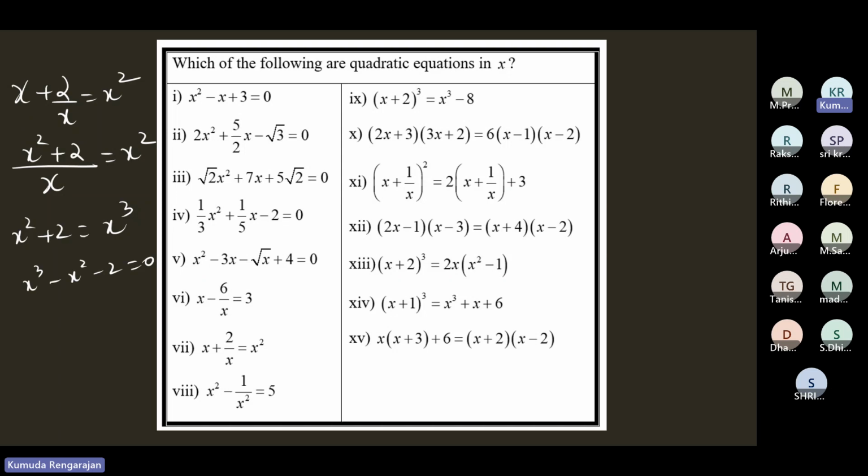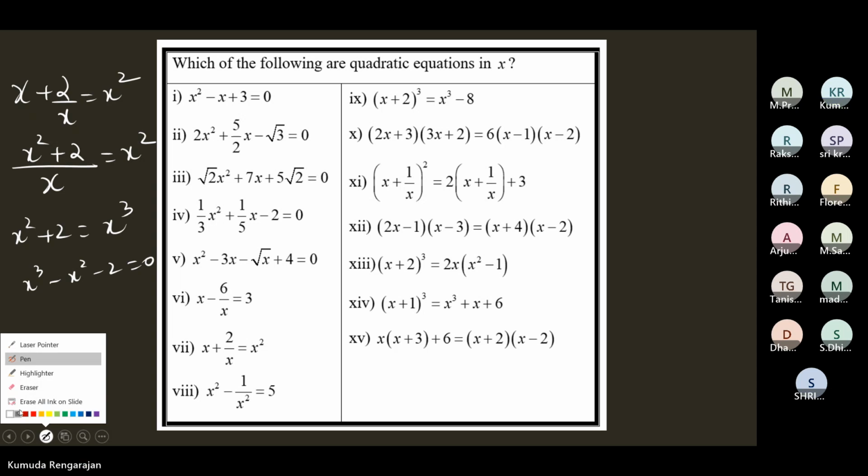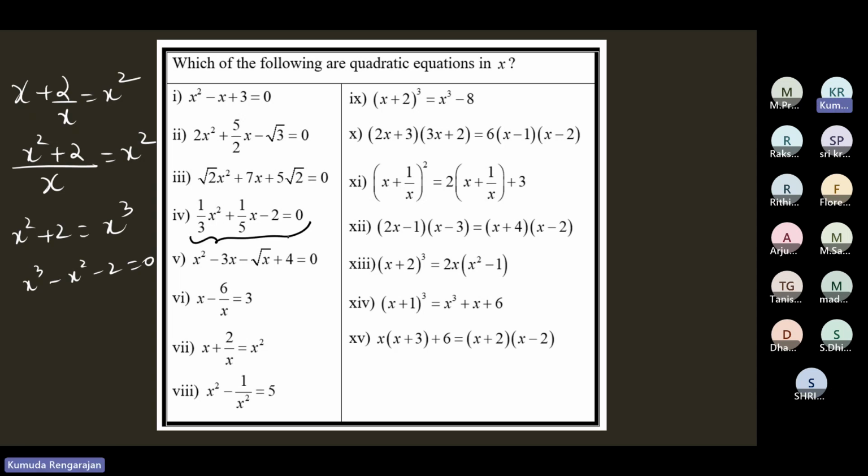So always please simplify. When not to simplify: if the denominators are numbers, you don't have to simplify. You don't have to take the LCM and all that here, because the denominator is made up of numbers. 3, 5, that's fine. If the denominator has a number 2, then it's okay.